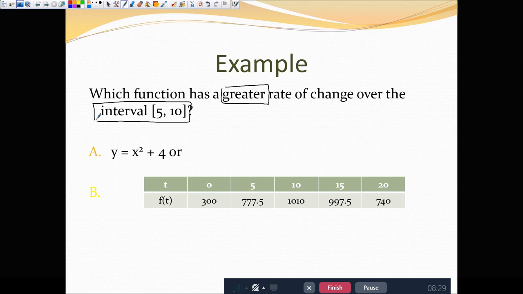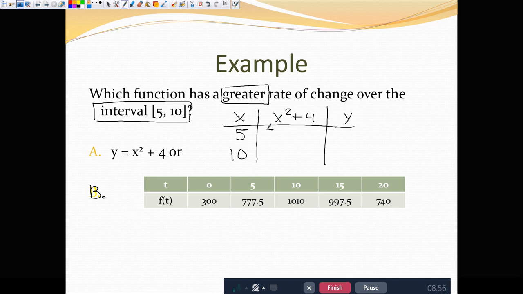So, my first equation here, we're going to have to create a chart and then find our slope. Okay, so I need to find my x and y values for 5 and 10. So 5 and 10 are going to be my x's. We have x squared plus 4. We need to find our y values so that we can find our slope.